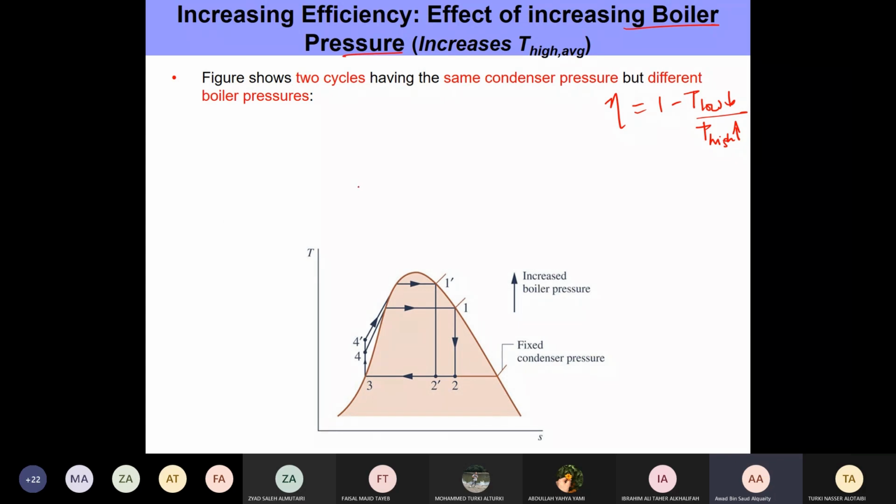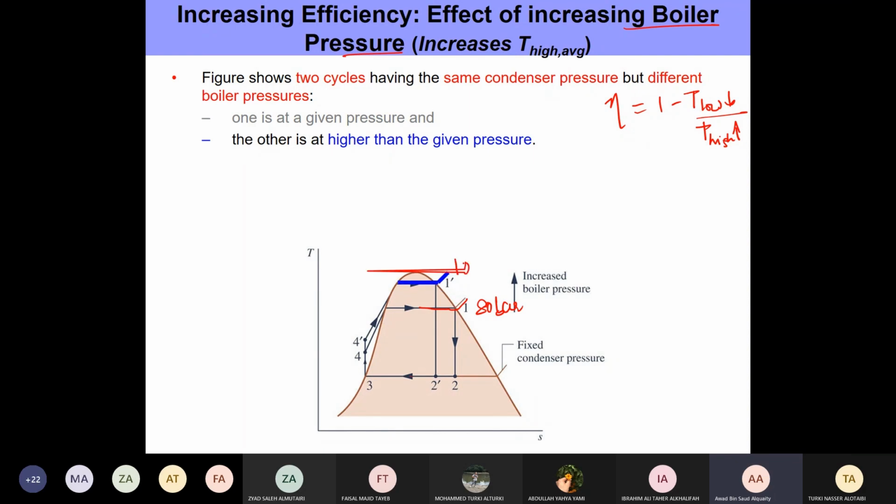Again, you can have a look at this TS diagram. We have a fixed condenser pressure, but two different cycles with different boiler pressures. Initially, let's say this is some boiler pressure, say 80 bar. Then you consider another cycle where you increase the boiler pressure, let's say to 100 bar, a much higher boiler pressure.